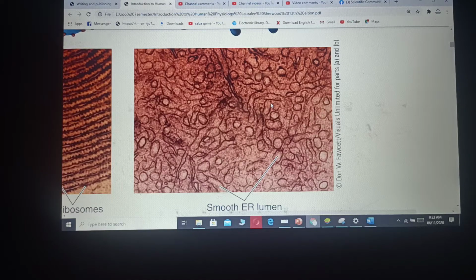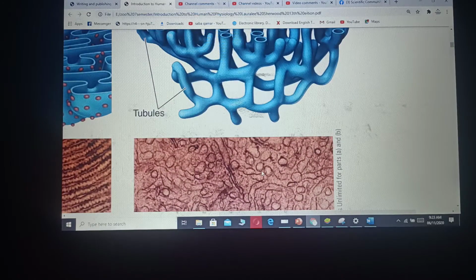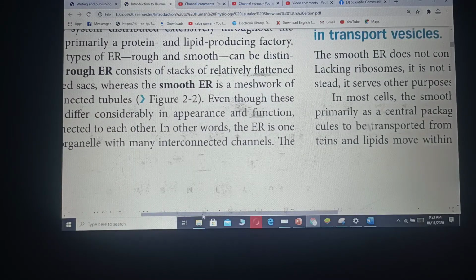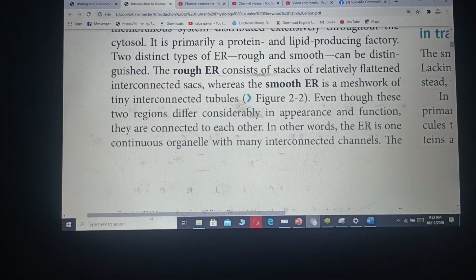So let's move towards our article. In other words, endoplasmic reticulum is a continuous organelle.